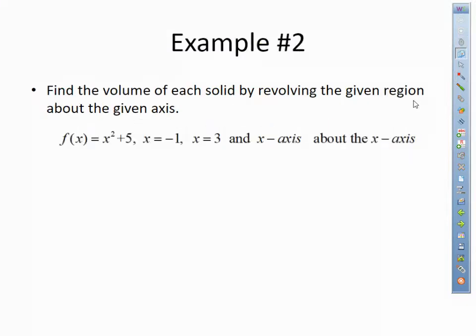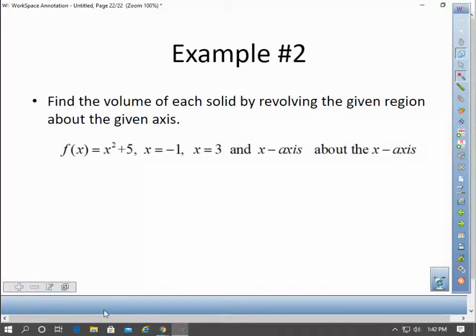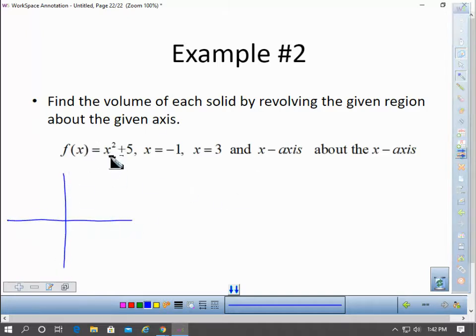All right, so now problem number 2. First thing you want to do always is sketch a picture of what you got. So here what we want to do is we're taking the parabola x squared plus 5. So a parabola x squared plus 5 shifts it up 5. So we're looking at this. And then x equals negative 1 is a vertical line at negative 1. x equals 3 is a vertical line at 3.